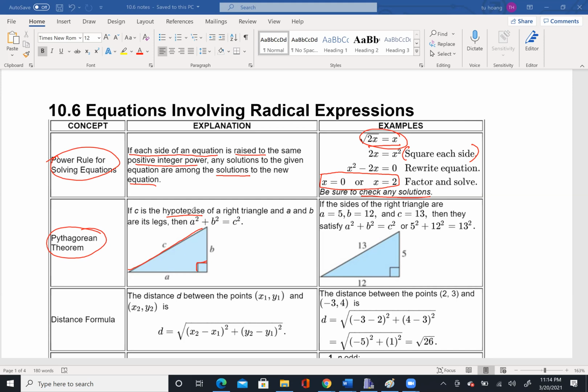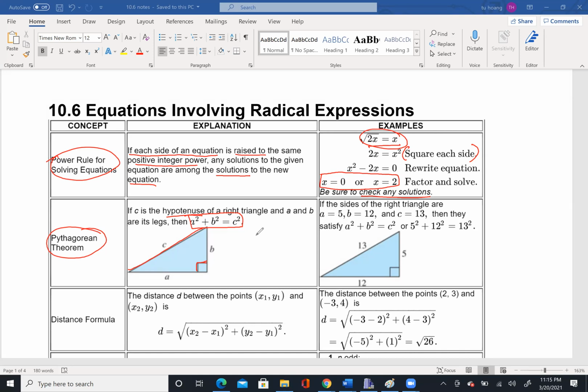So the formula of the Pythagorean theorem says the sum of the squares of the two legs equals the square of the hypotenuse. So we mean a square plus b square equal to c square.